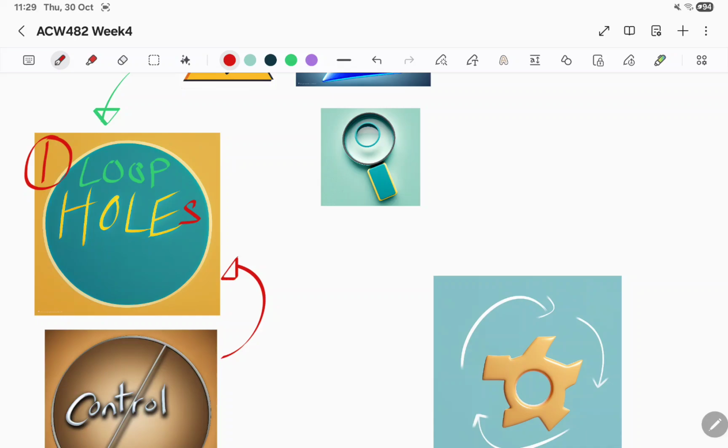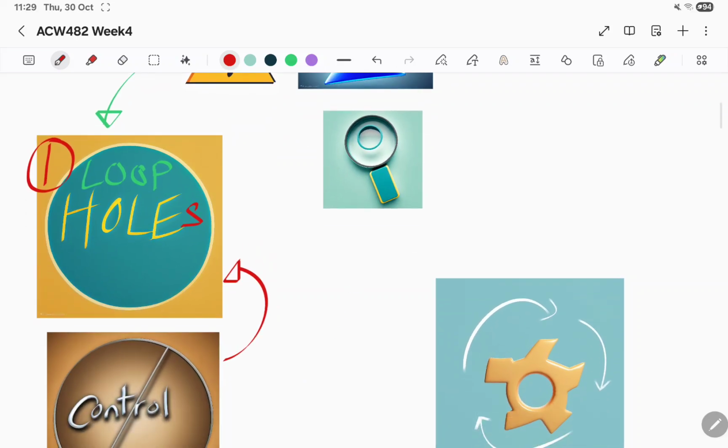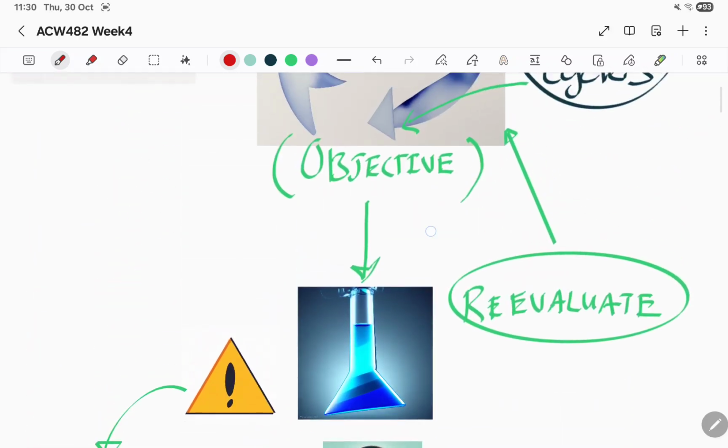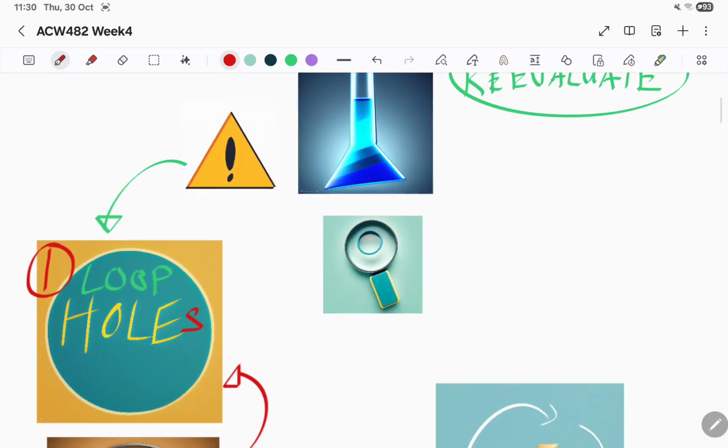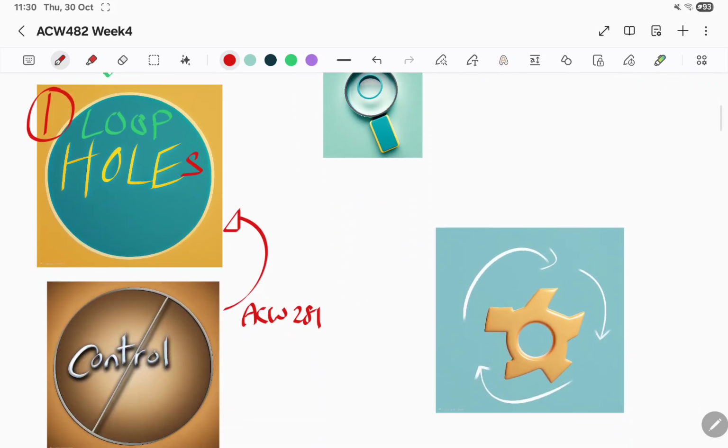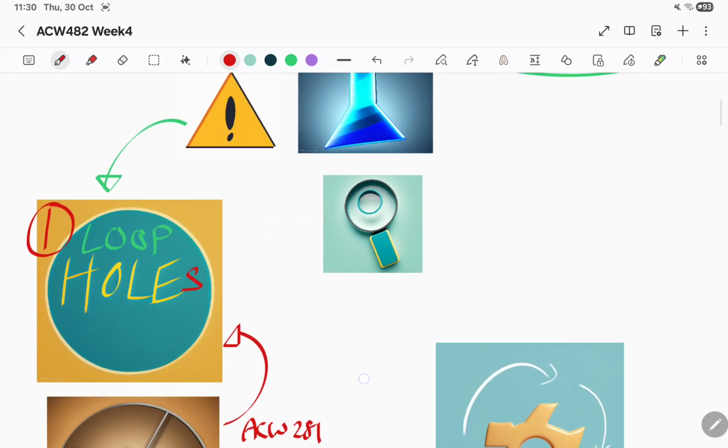That's what we have learned in ACW482 week 281: you have learned the process, you have learned some risk or loophole, then you put in some controls to prevent these loopholes from happening. Are you all happy with that?